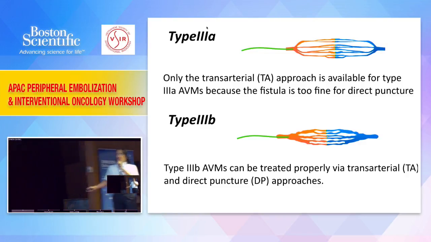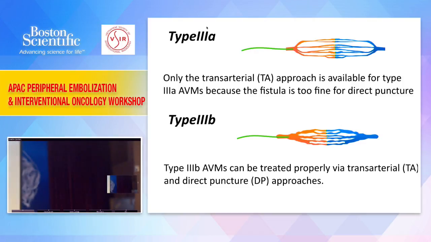On the other hand, in type 3B, we can treat by the transarterial approach and also direct puncture, because the fistula is larger compared to type 3A, so we can puncture some of the fistula and inject alcohol.